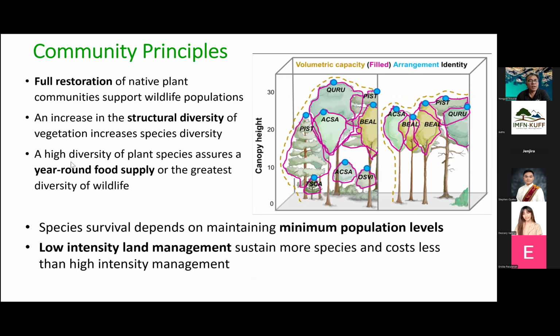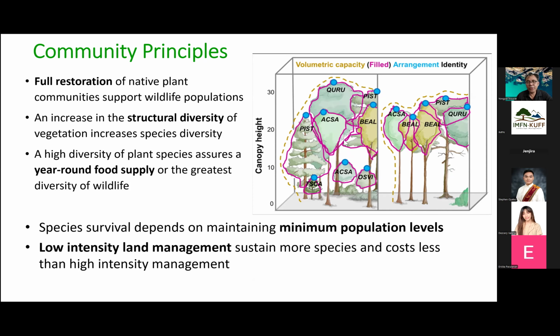So what are the community principles? We have full restoration, which comprises a lot of native species, so that we obtain structure, composition, and function that are much better, and increased structural diversity. It means that when we do landscape restoration in natural forest or degraded forest, we are not aiming for economic production.